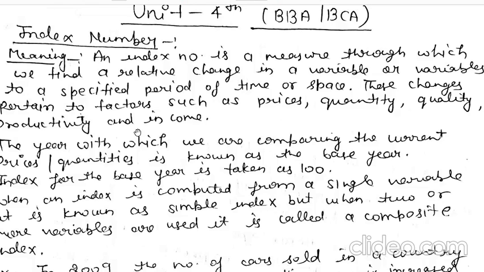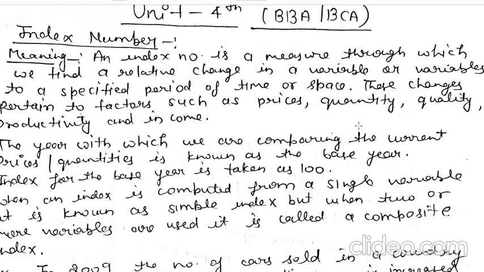These changes pertain to factors such as prices, quantity, quality, productivity, and income. Prices may increase or decrease according to time. Quantity can decrease or increase.